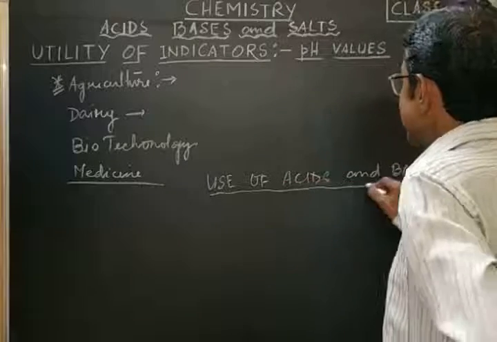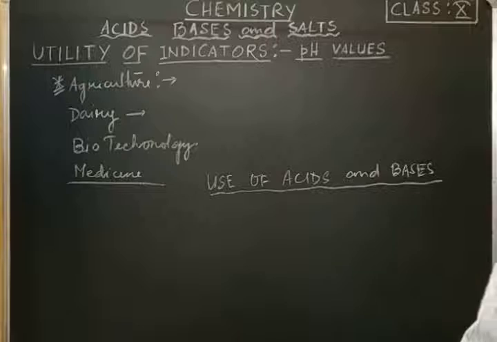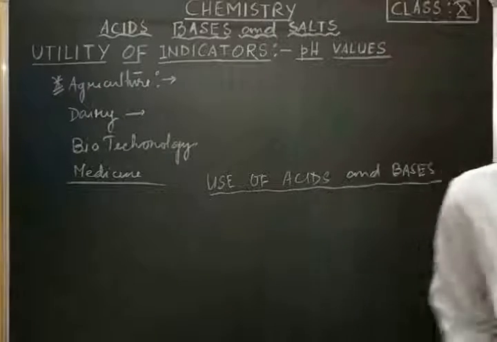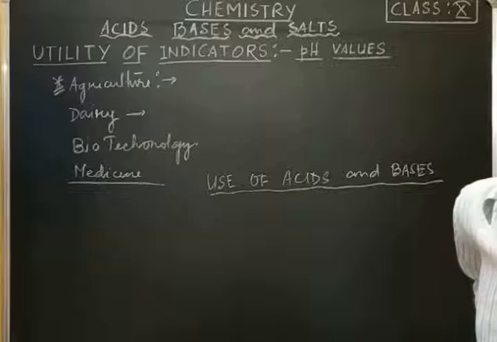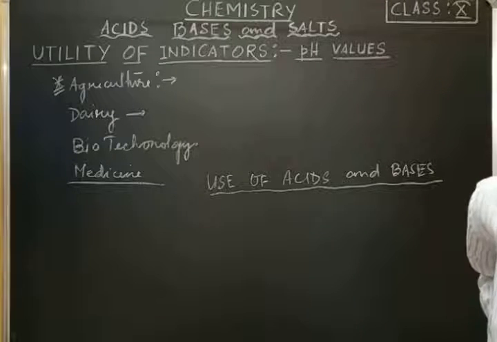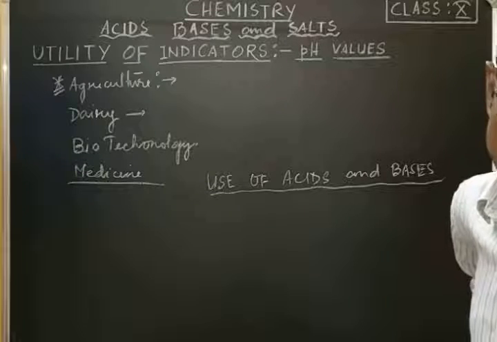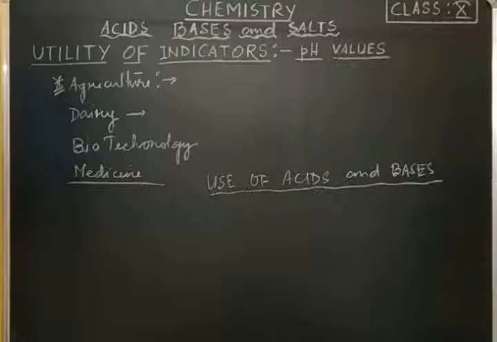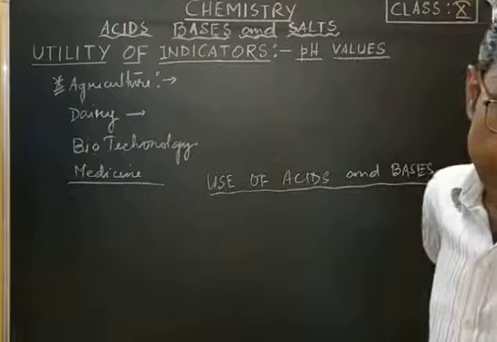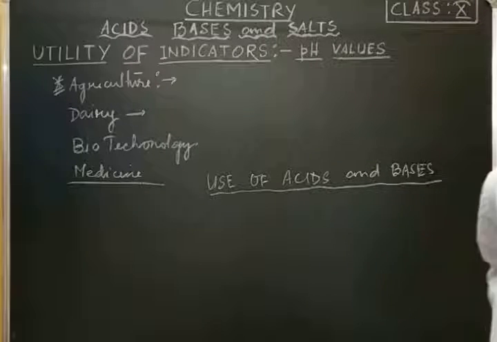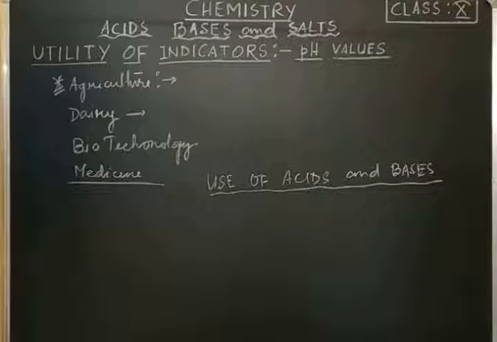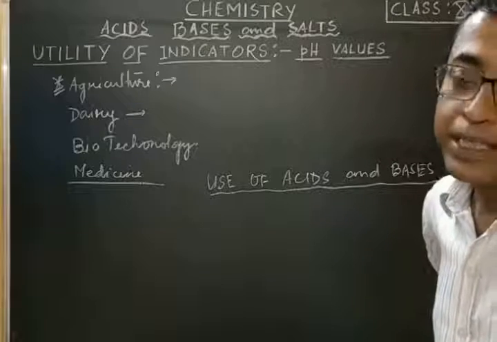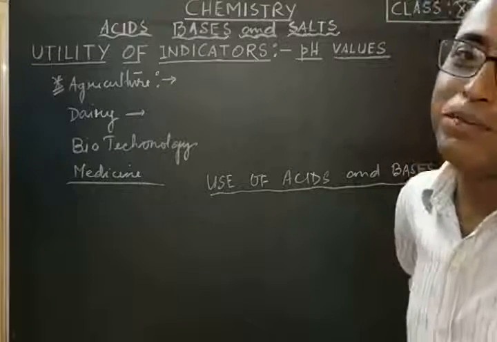Remember, in your book a small chart is given: boric acid is used for eye washing, citric acid for food preservation, oxalic acid as an ink stain remover, carbonic acid for flavoring soft drinks, tartaric acid as baking powder, acetic acid, that is vinegar, for cooking, hydrochloric acid for pickling of metals, and sodium hydroxide for manufacturing soap. You have to remember this.